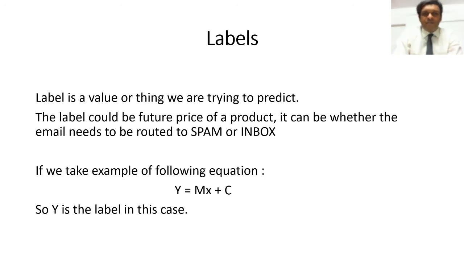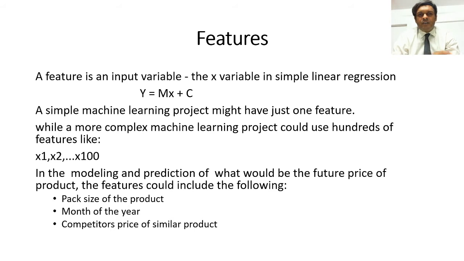Let's move on. Now y is equal to mx plus c. If we take that equation as an example, how is the value of y derived? It is based on a variable x. That is nothing but what we call a feature in machine learning terminology. A feature is an input variable, the x variable in this simple linear regression.